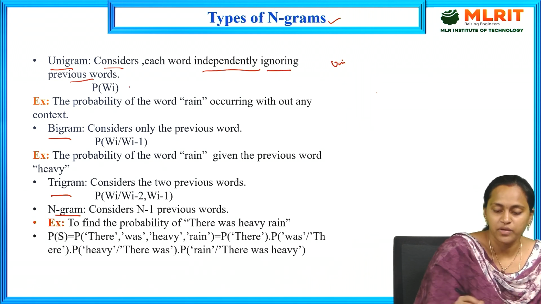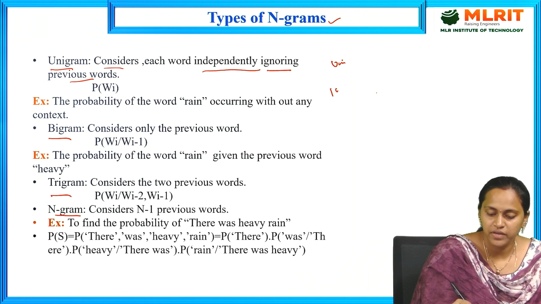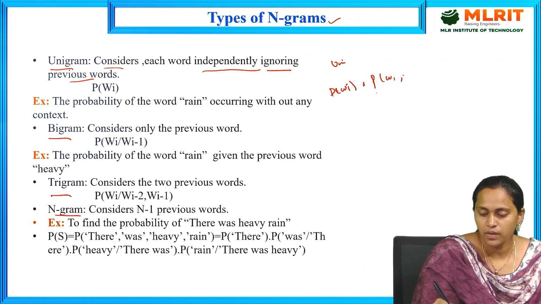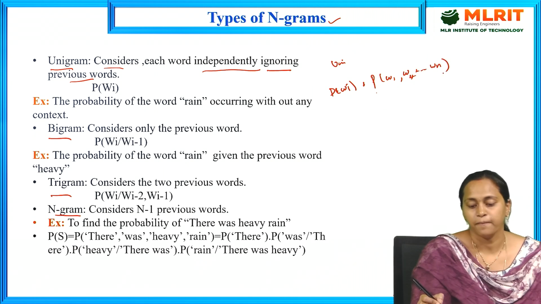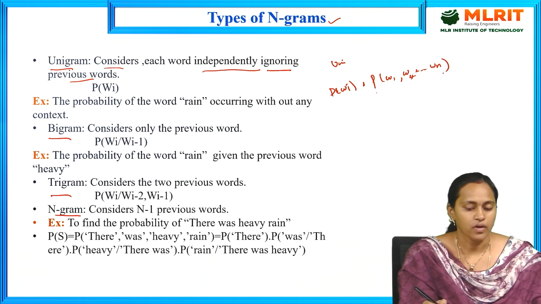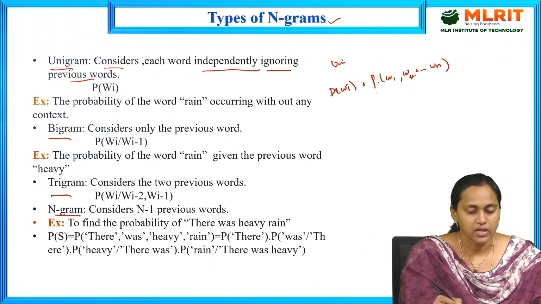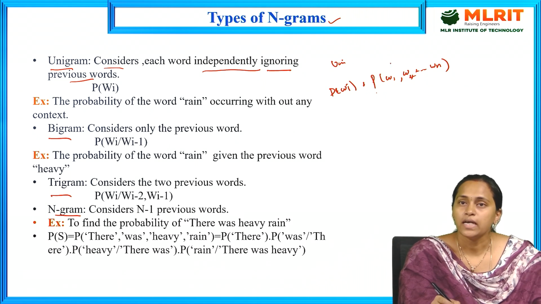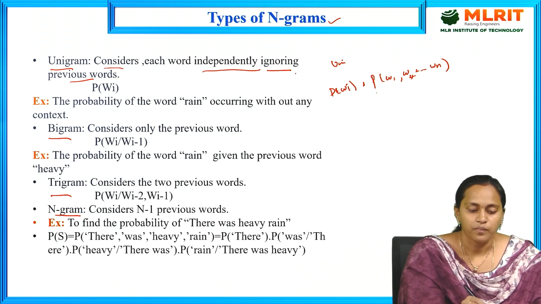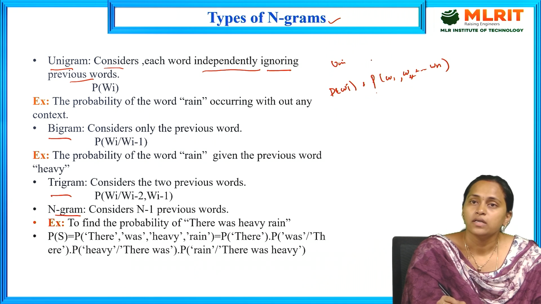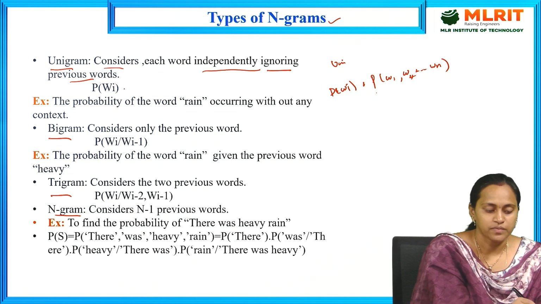The probability of wi equals probability of w1, w2 and so on up to wn. This is the probability of word i. It is a unigram, which considers only a single word, not the previous word.